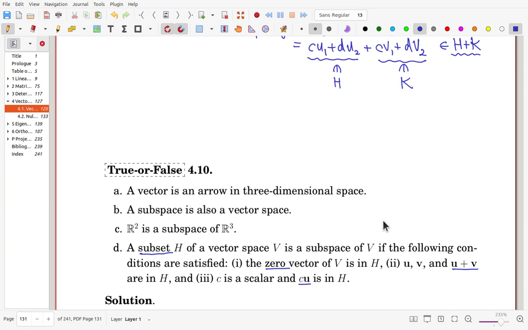Now, along with this statement, is it true? It looks true. However, it is false. Why is it false?